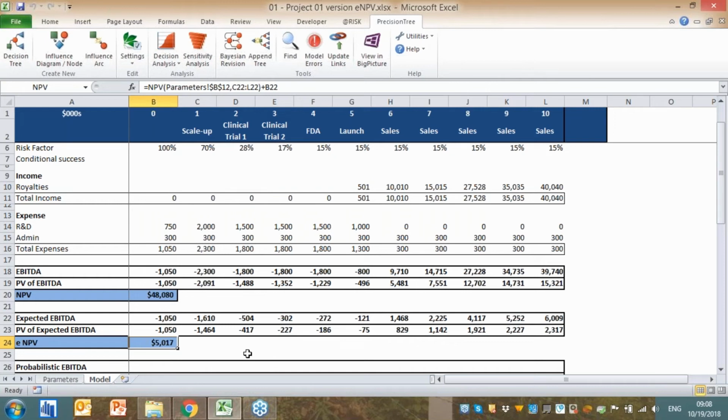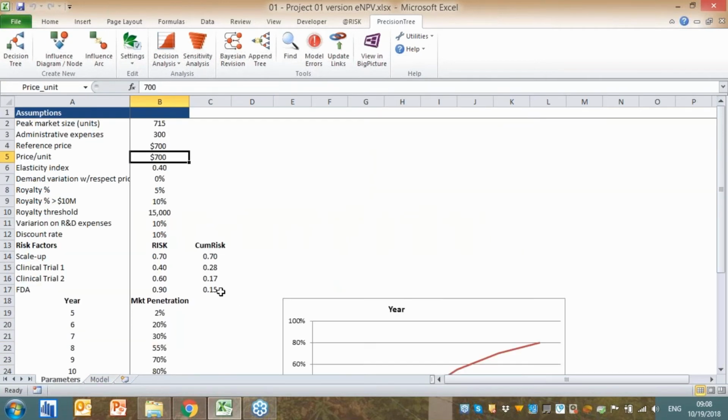This is the standard tool in the industry. What we are going to try to demonstrate over here is that this expected NPV is a very naive representation of actual risk, because that particular cash flow is never going to happen. 6 times out of 7 approximately, that is in approximately 85% of the cases, you won't make any money.